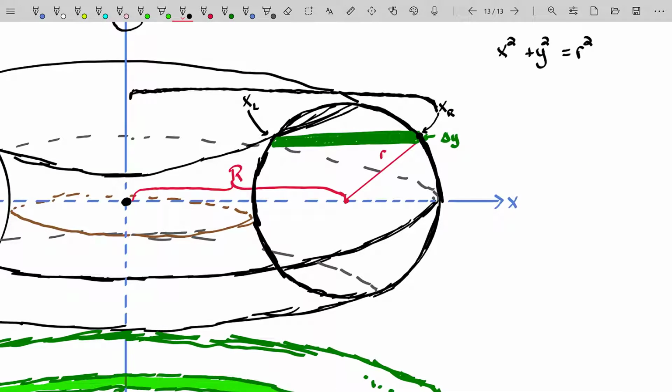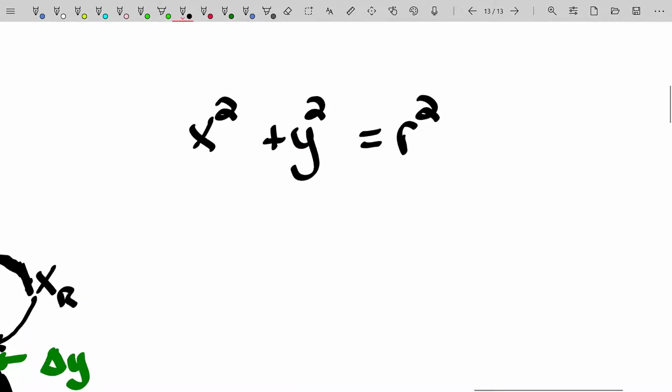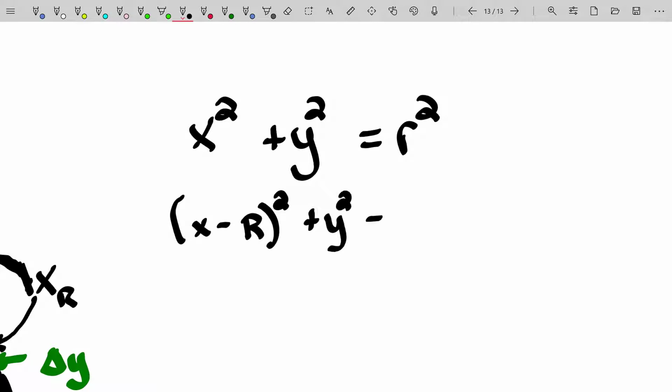This circle is actually shifted to the right. How many units? Well, this center right here is at capital R comma 0. So the center for our circle is at capital R comma 0, which means we've shifted it by capital R values to the right. So we're going to adjust this x value using all of our algebra from the past, not all of it, but the pertinent algebra for this problem.